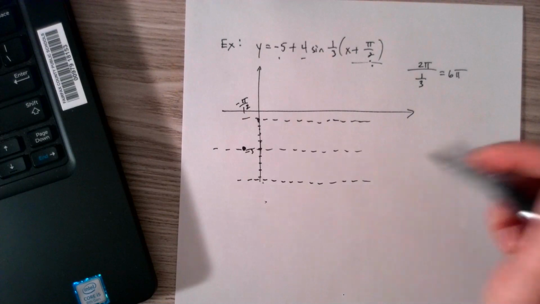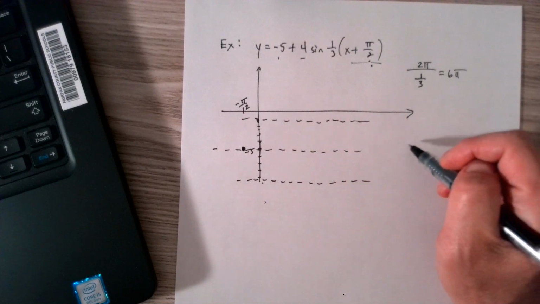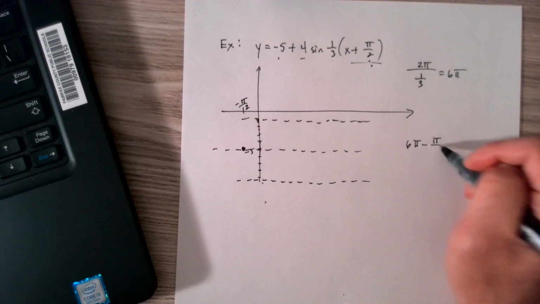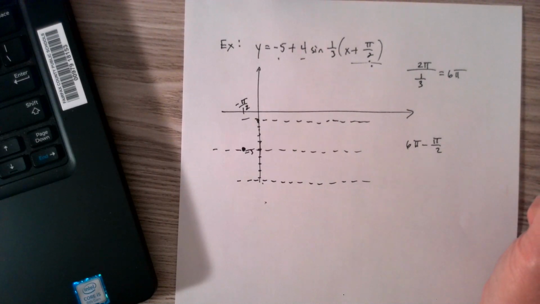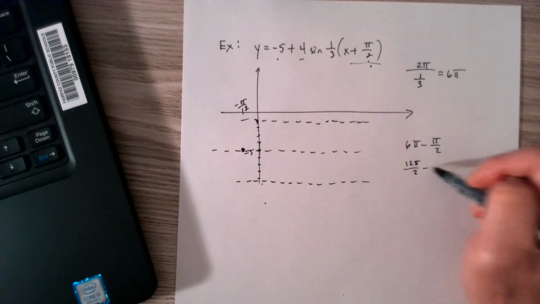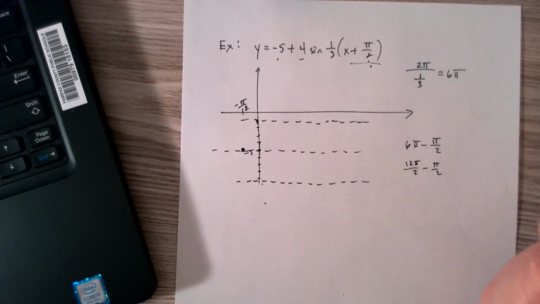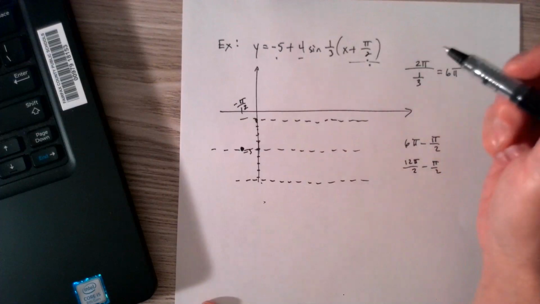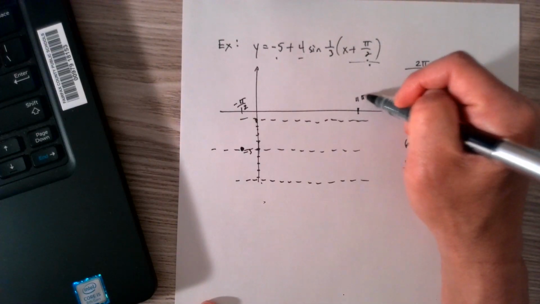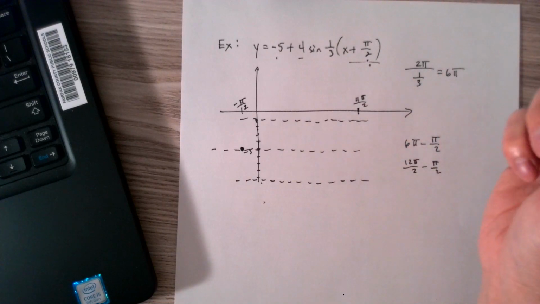So if I add 6 pi to negative pi over 2, that's 12 pi over 2 minus pi over 2. So that's 11 pi over 2. So 11 pi over 2, I'll put that here. That's where my cycle is going to end.